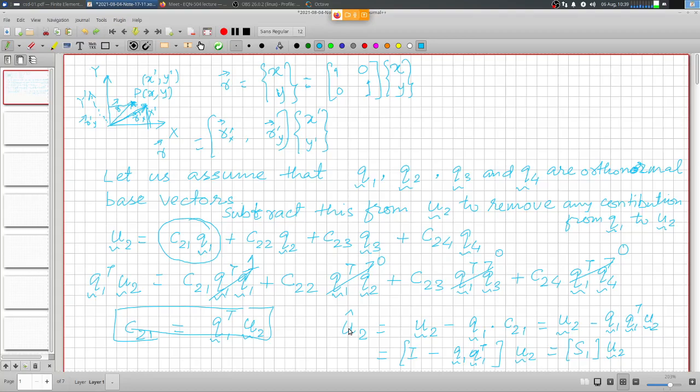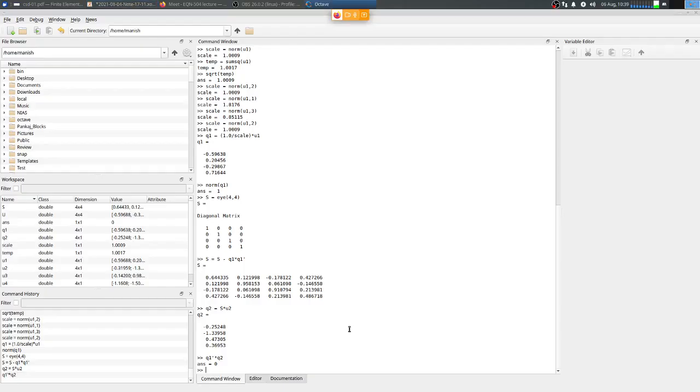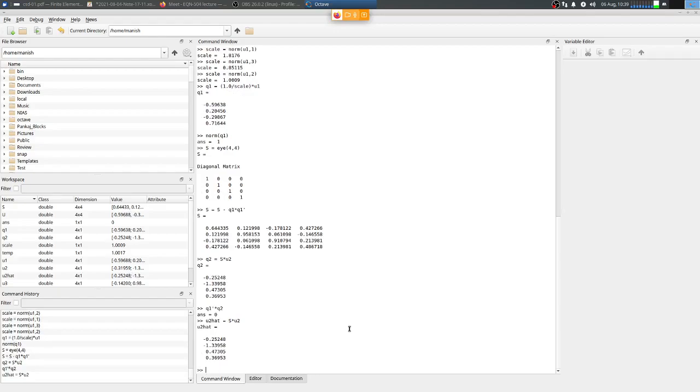Okay, sir. I could have as well said u2 hat. So there, happy now? Actually, I got confused because when we find q1, we use 1 by scale into u1. Yes. So now I will do that.